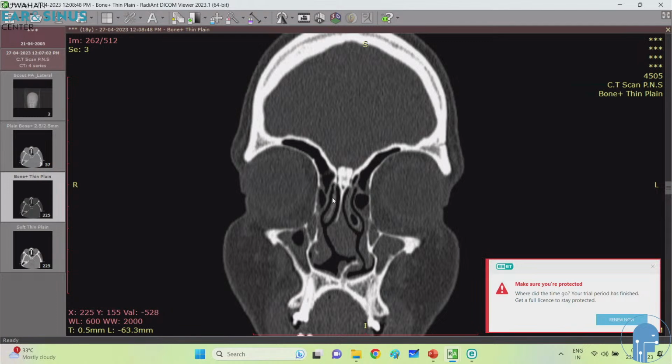The uncinate process has three attachments: in some cases to the lamina papyracea, in some cases to the skull base, and in some cases to the middle turbinate. So in this case, the frontal sinus drains into the infundibulum.